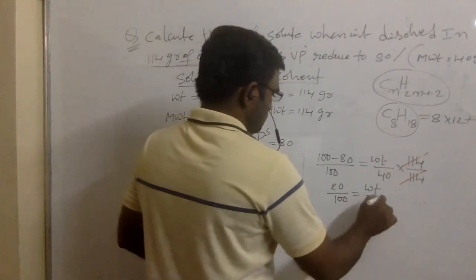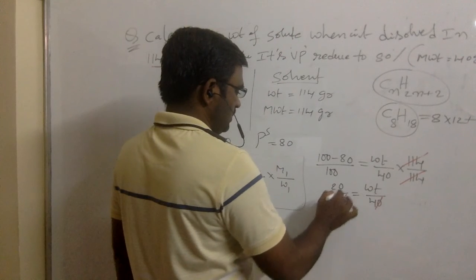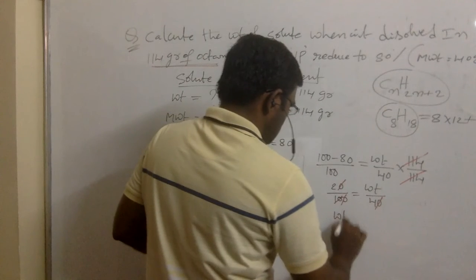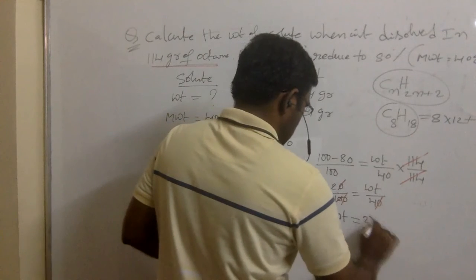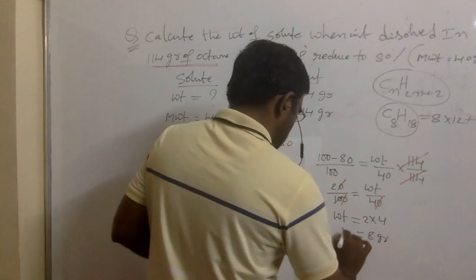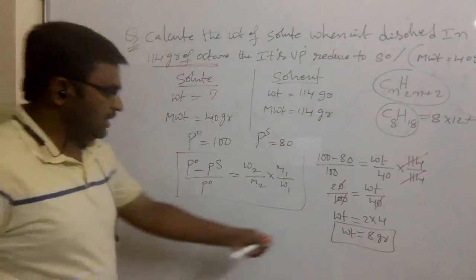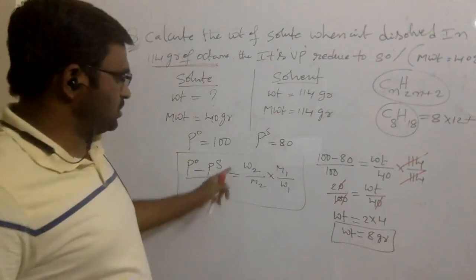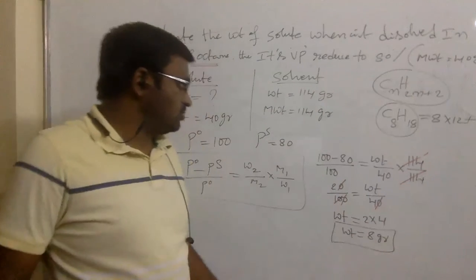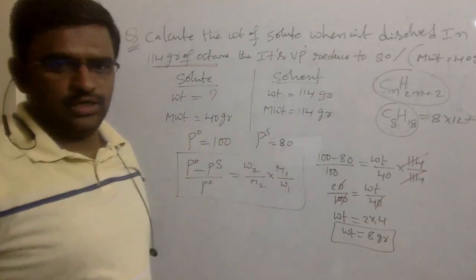Then cancel the zeros here. Finally, weight is equal to, taking the cross multiplication, 2 into 4, so totally 8 grams. How much amount of solute is dissolved? 8 grams of solute dissolves in the given solution. After dissolving 8 grams, its vapor pressure reduces to 80%.